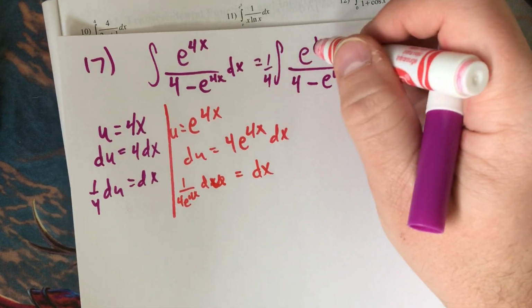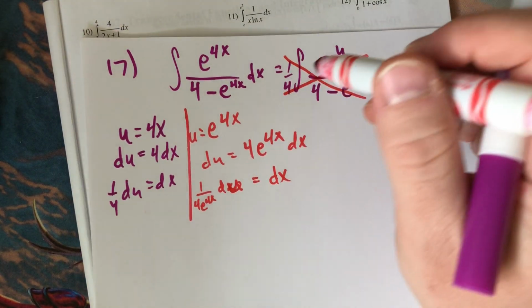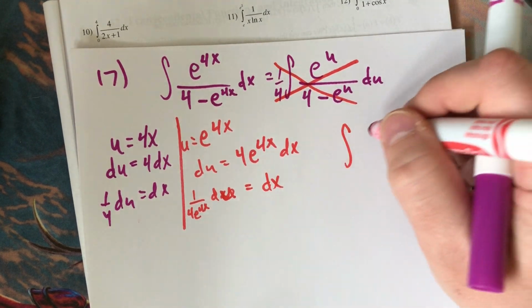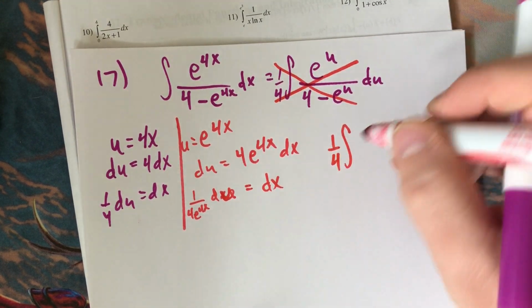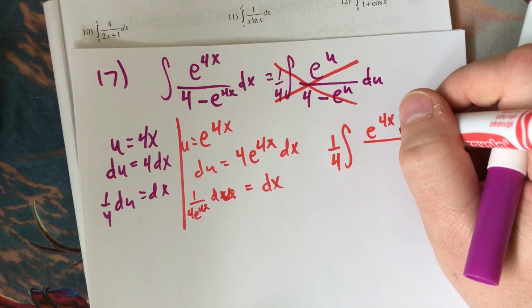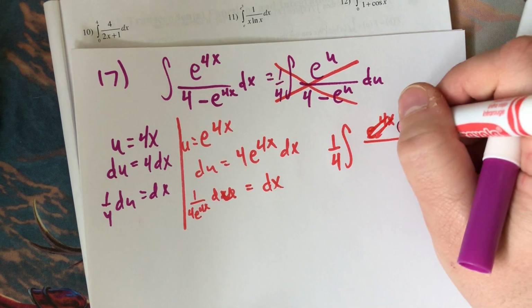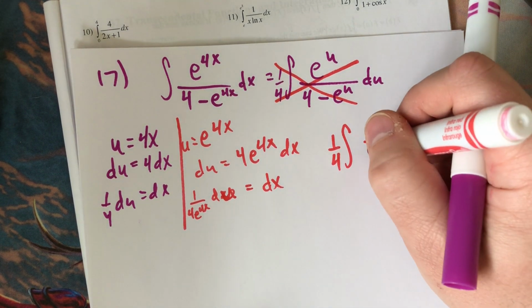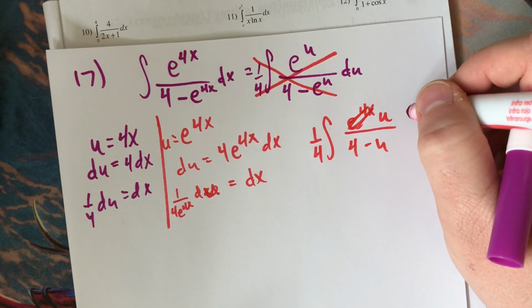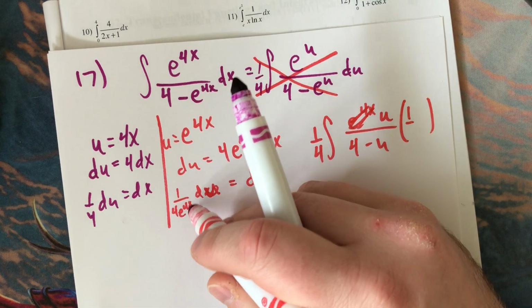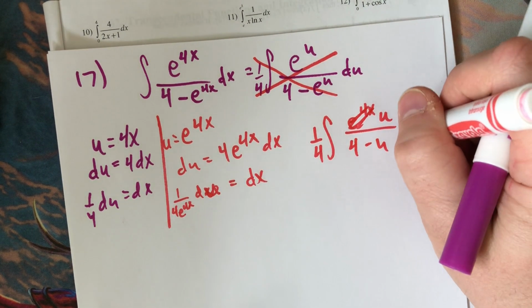If I try that, I can pull the 1/4 out front, but there's this e to the 4x. Oh, wait, no, that's u now. Right, and this is 4 minus u. And then 1 over, if that's e to the 4x, well, that's u. 1 over u du.